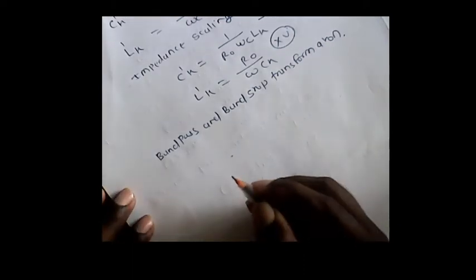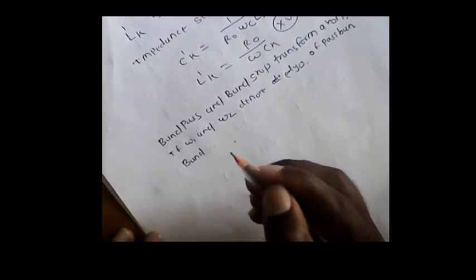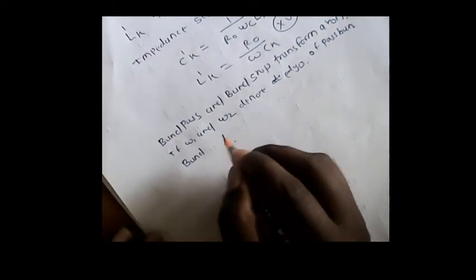We can draw that if omega 1 and omega 2 are denoted as the edge frequencies of the pass band, then first we define a low pass prototype filter that is transformed into band pass.